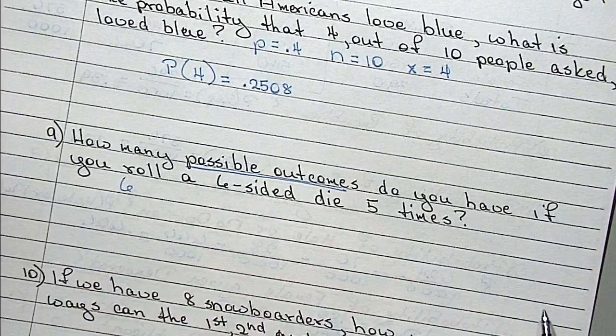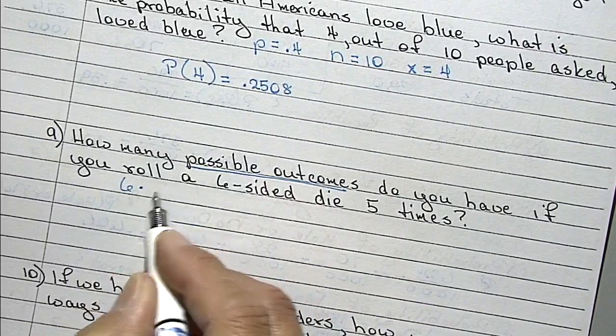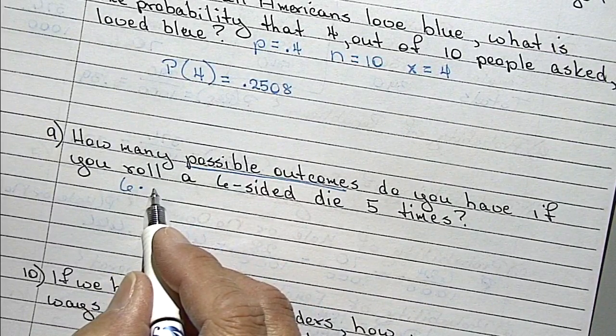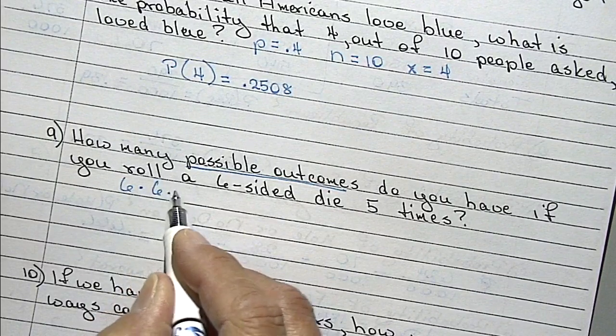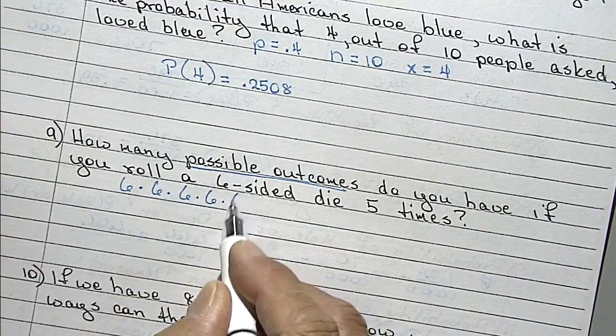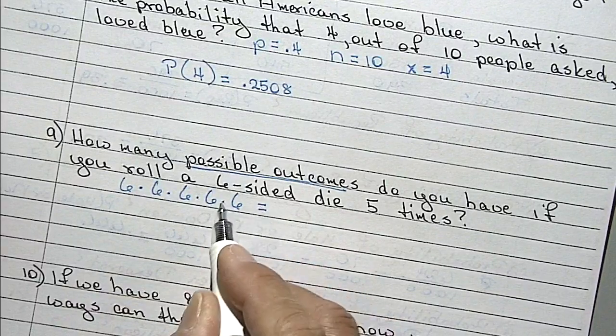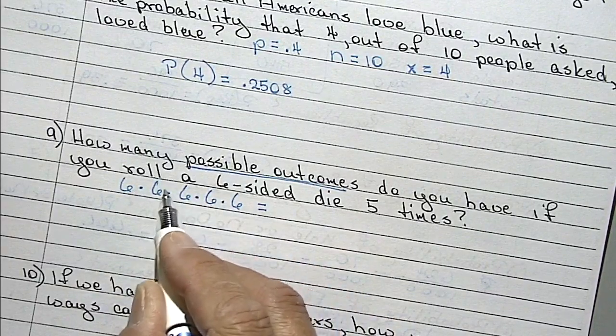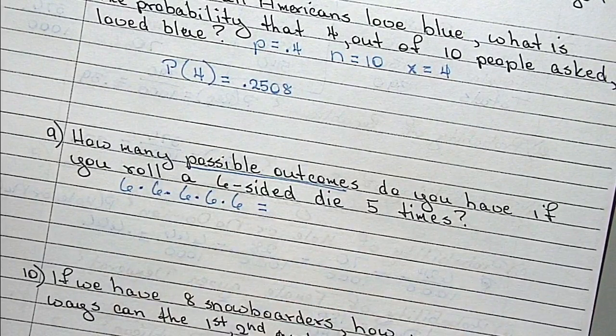That's the first roll. The second time I roll it, how many possibilities do I have? It's still a 6-sided die, guys. How many possibilities do you have? 6. The third, the fourth, the fifth. Each time I roll it, I've got the same number of possibilities. I just multiply them together to see how many possible outcomes I have, okay?